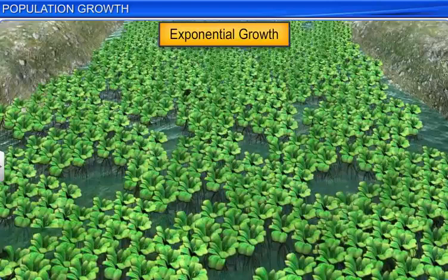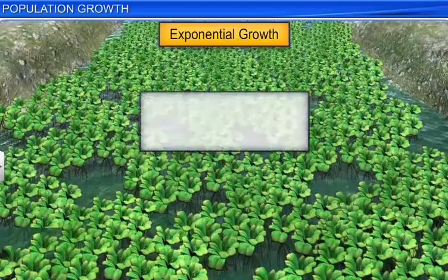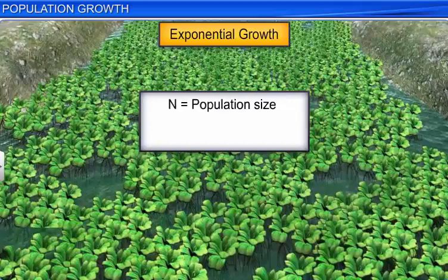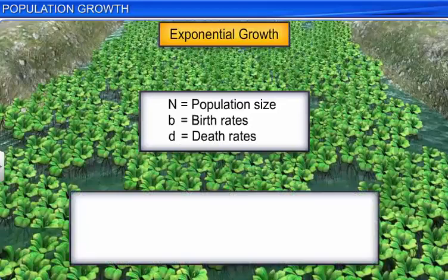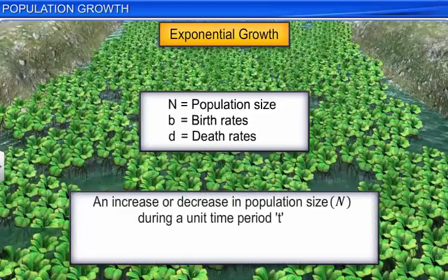Considering the population size as n, birth rates as b, and death rates as d, the increase or decrease in population size during a unit time period t is as shown.